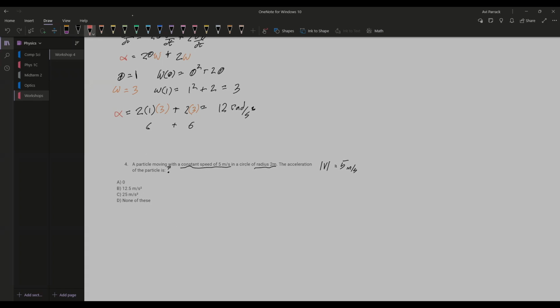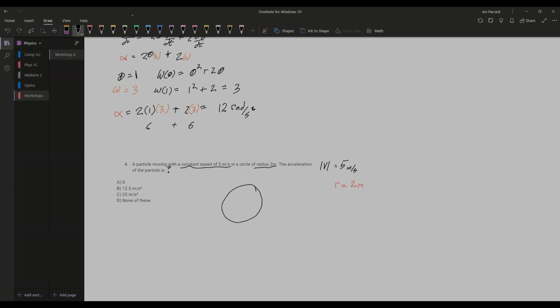Now we have a radius of 2 meters. R is equal to 2 meters. Okay, so those are the 2 bits of information that they gave us. And they say the acceleration of the particle is what?